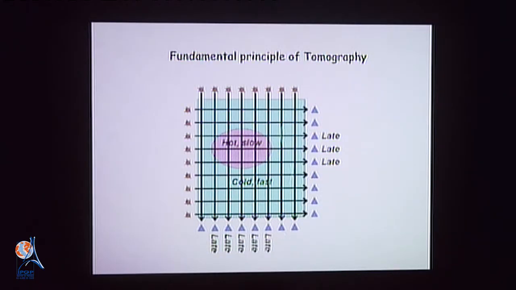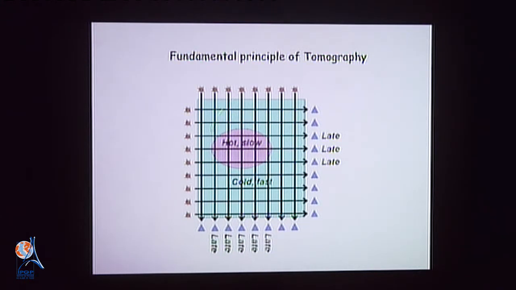The first one is a very simple principle: in order to resolve structures, you need to have sampling. You need to have illumination from many different directions in order to resolve an anomaly. Here it's shown as a slow anomaly embedded in cold, fast anomalies.